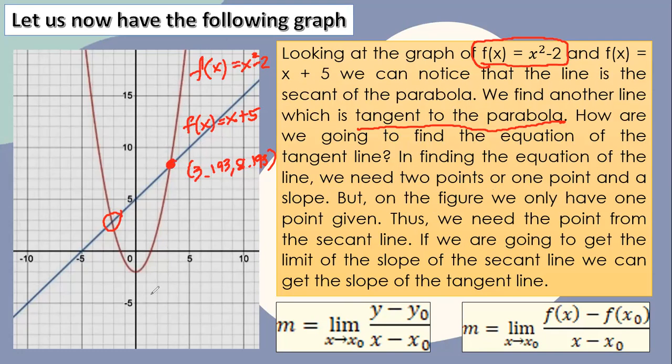Okay, so ang tangent line, isang point lang yung ini-intersect niya sa graph. Okay, so saan natin kukunin yung isang point? We will be needing another point on the secant line, right?